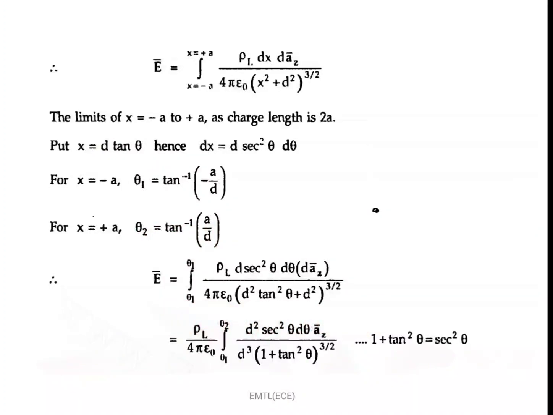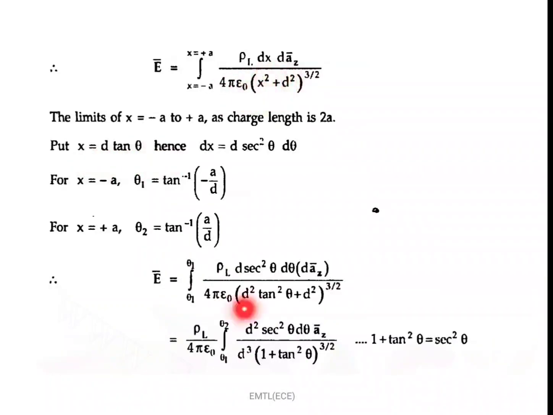Now the limits in terms of theta are theta 1 to theta 2, rho L as it is. In place of dx we write d secant square theta d theta, and aZ bar as it is. 4 pi epsilon naught is a constant, and substitute the x value as d tan theta.